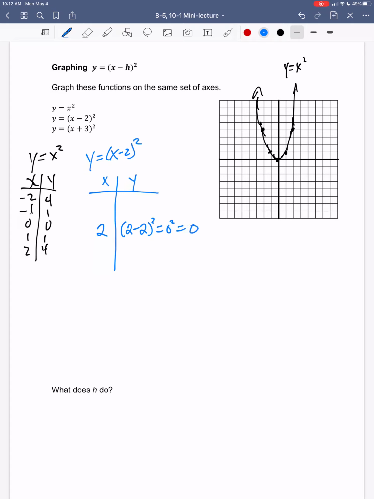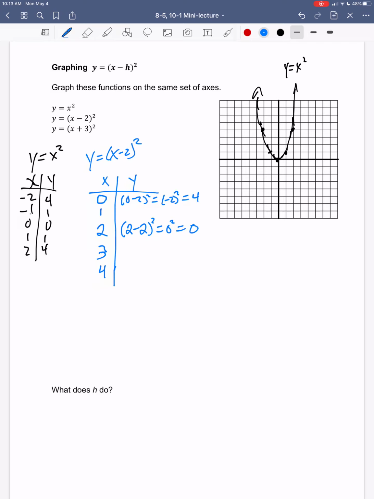Well, let's put in values a little bit less than 2 and a little bit bigger than 2. So if I go 1 less than 2, that would be 1. Another 1 less would be 0. 0, 1, 2. Then I'd plug in maybe 3 and 4. Let's just see what happens. So 0 minus 2 squared. 0 minus 2 would be negative 2.